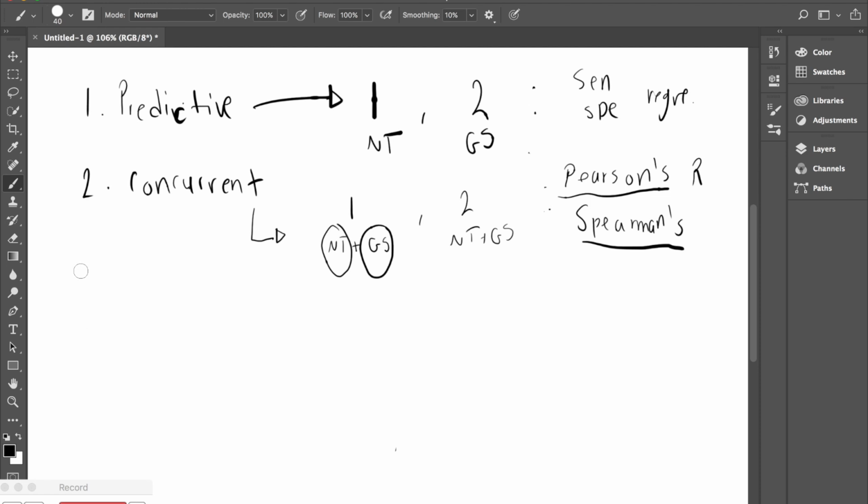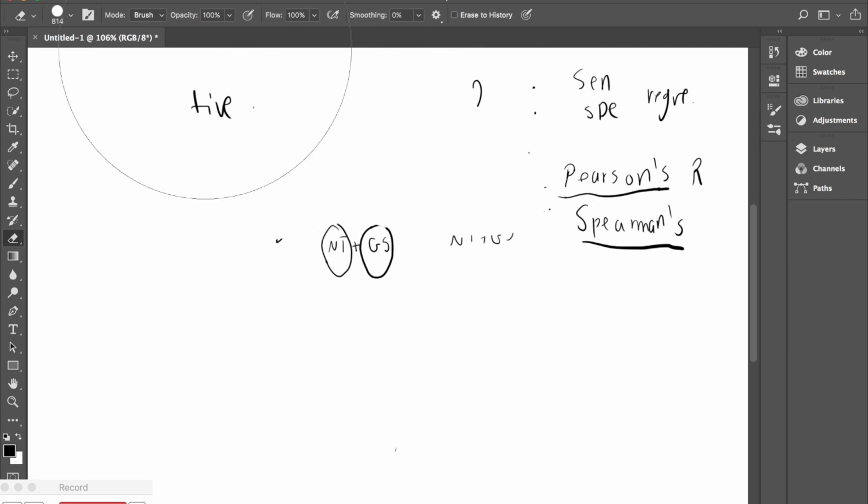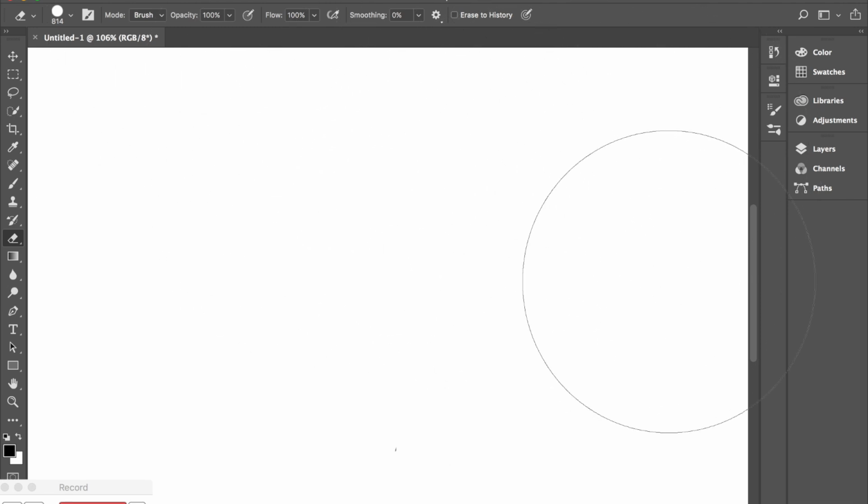Then we've taken a look at construct validity. So within construct validity, we also have two different things. So I'm going to go ahead and draw a diagram here. Let me just get my pen out.